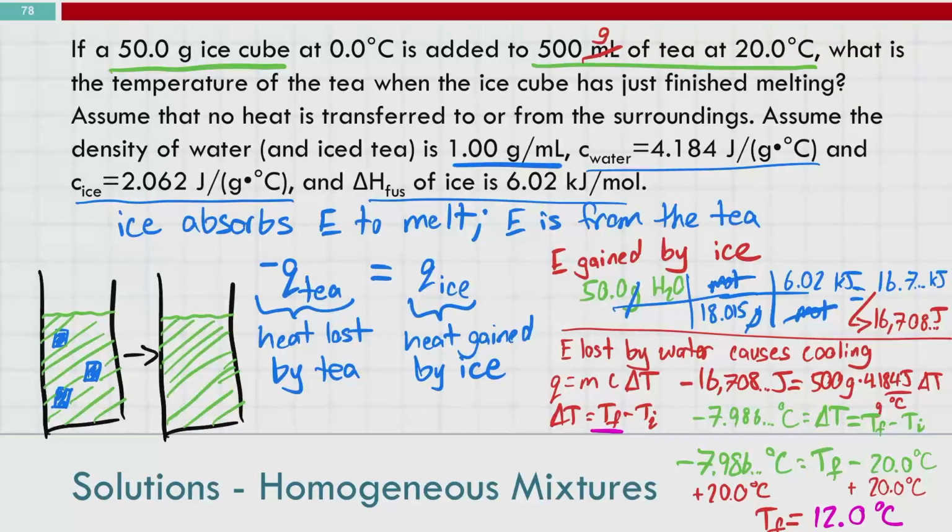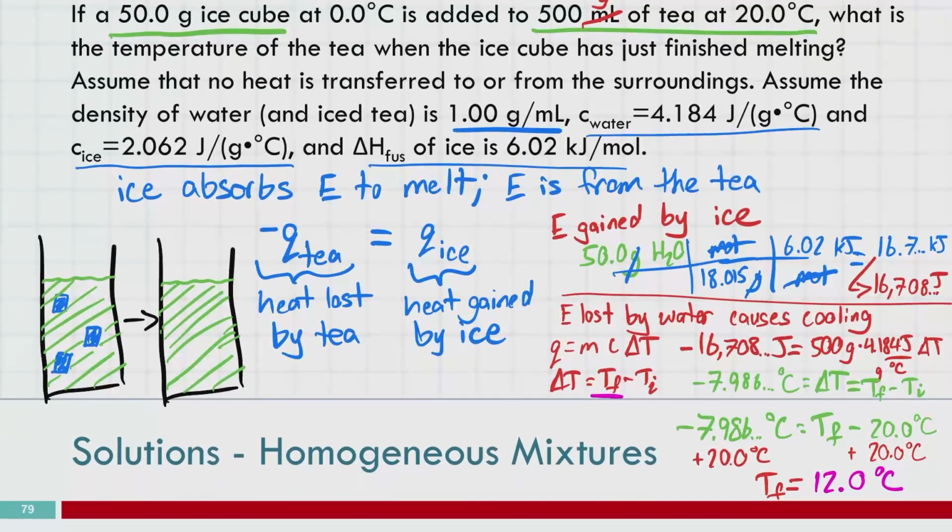And I was like, that's a lot for this class. We could also do that, since our ice just melted, so our ice is going to be at 0 degrees Celsius. We could also calculate what the final temperature of the water mixture would be. I'm not going to give you that on an exam because that's evil. It's mean, at least. It's maybe not evil. I think it's morally wrong.